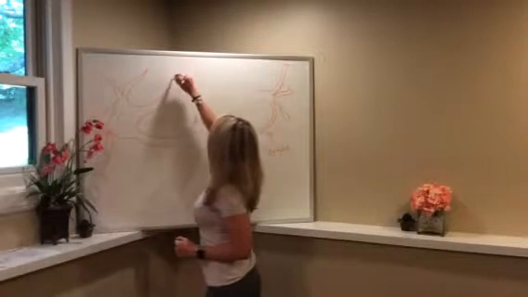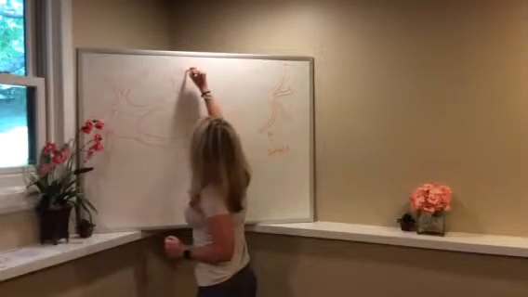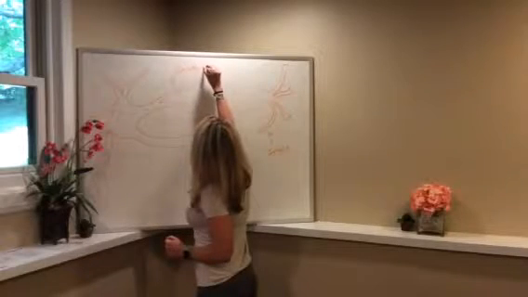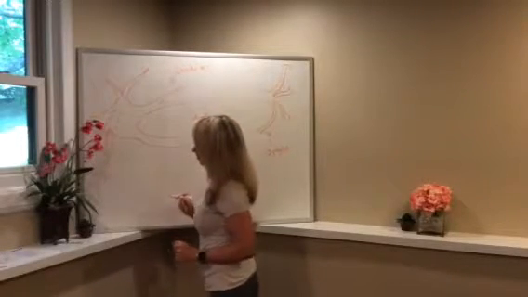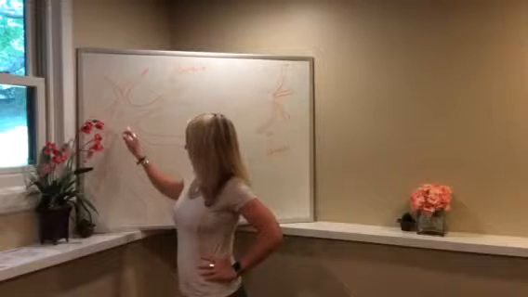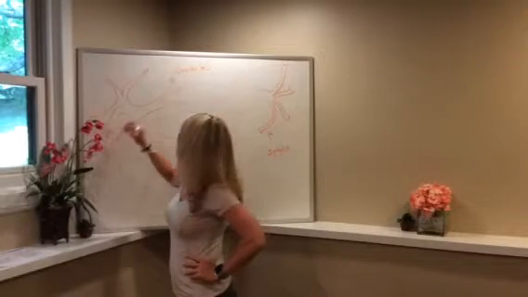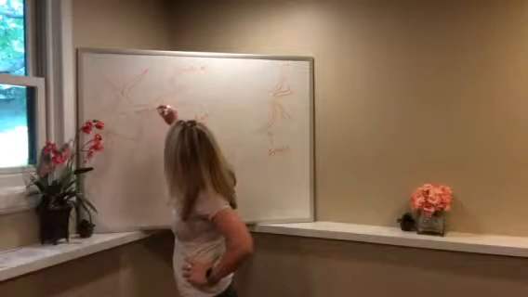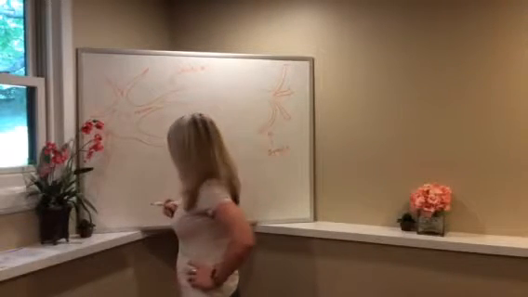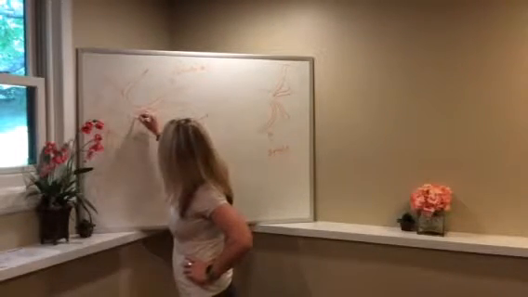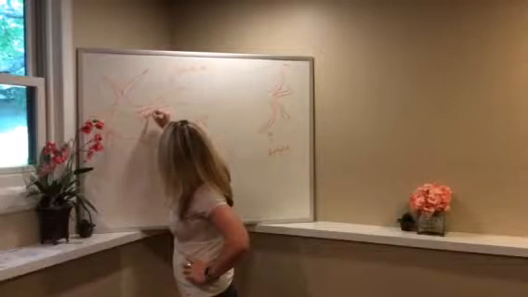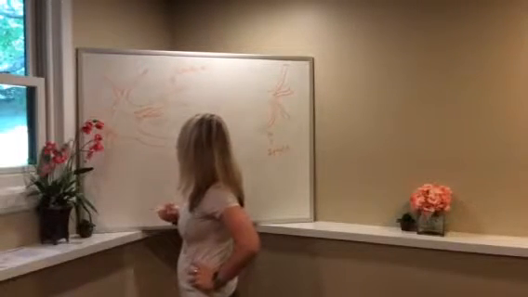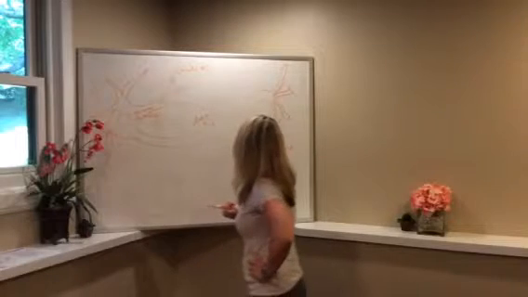All right, so these are called dendrites. Right here in the middle, this is the neuron, the brain of your whole neuron here, the neuron cell.